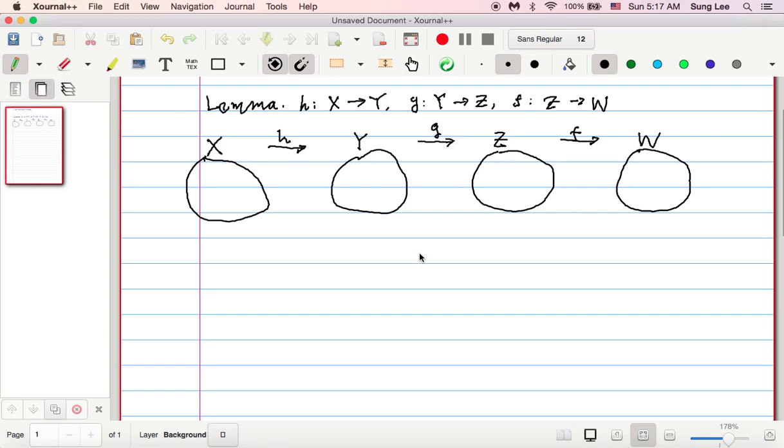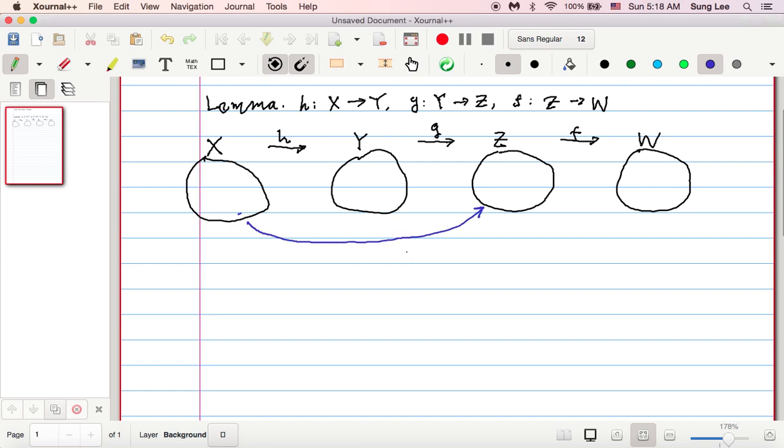Okay, so you know that there are two different ways we can combine these three maps, right? The first way we can do is first combine these two functions, from x to z.